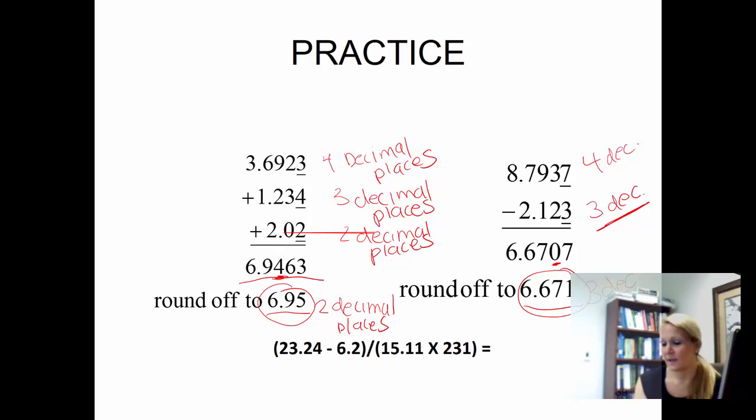But the way you got to that number is by looking at the decimal place, not by looking at sig figs. Alright, so now we're going to use both rules that we've learned in these past two videos. Here we have subtraction, here we have multiplication, and then we're going to divide the 2 numbers. If you put 23.24 minus 6.2 in your calculator, you're going to have to round.